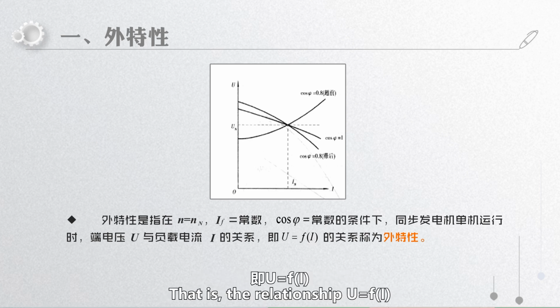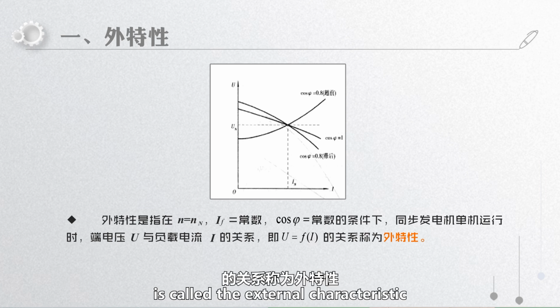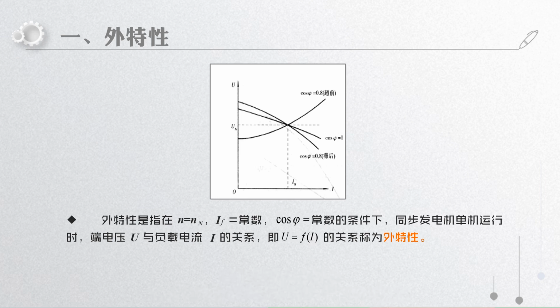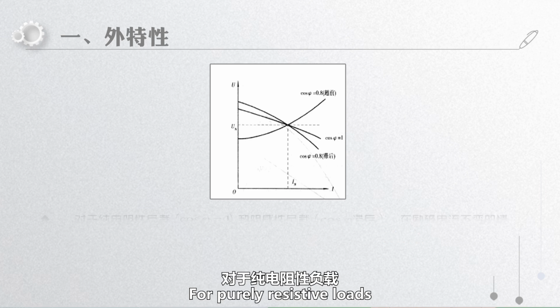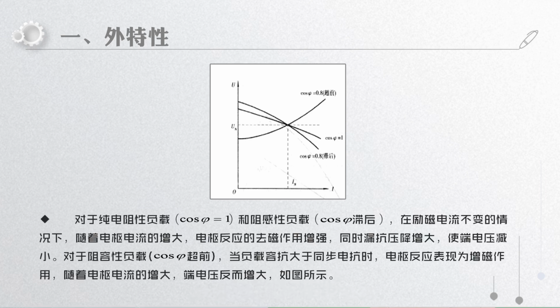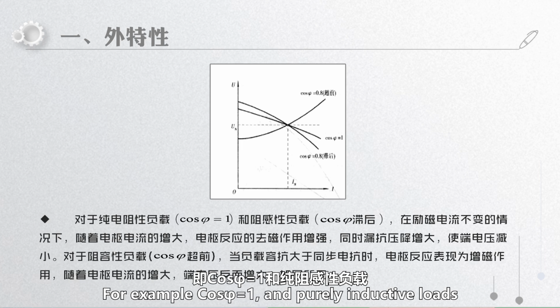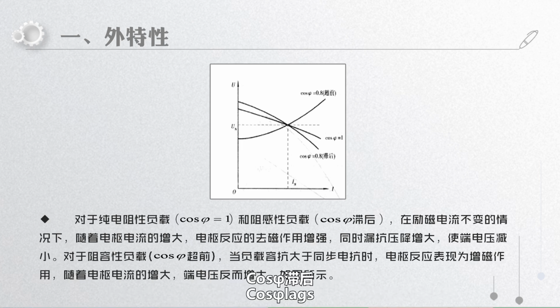That is, the relationship U equals F of I is called the external characteristic, for purely resistive loads, for example, cosine phi equals 1, and purely inductive loads.